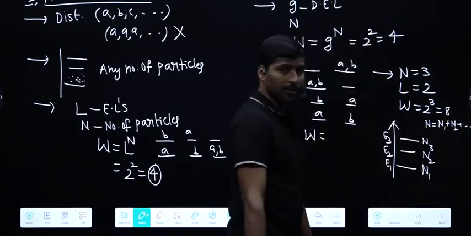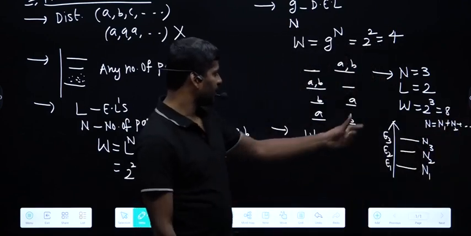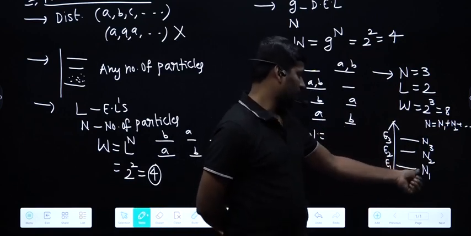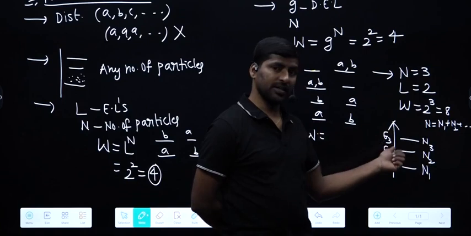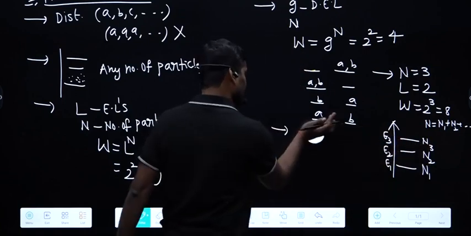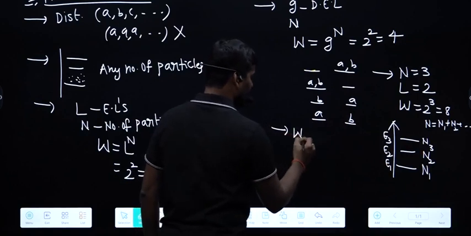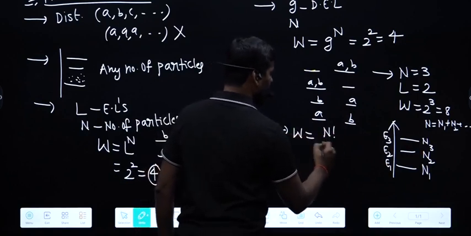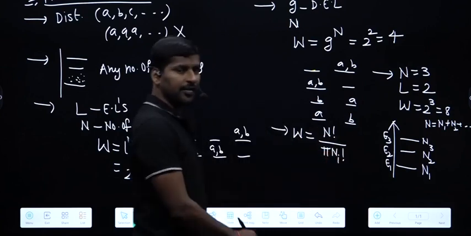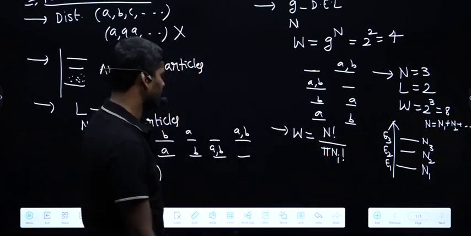Then in how many ways can we arrange N1 particles in the E1 level, N2 particles in the E2 level, N3 particles in the E3 level, and so on? The formula for that is W is equal to N factorial by pi Ni factorial. Pi means product, and sigma means summation.